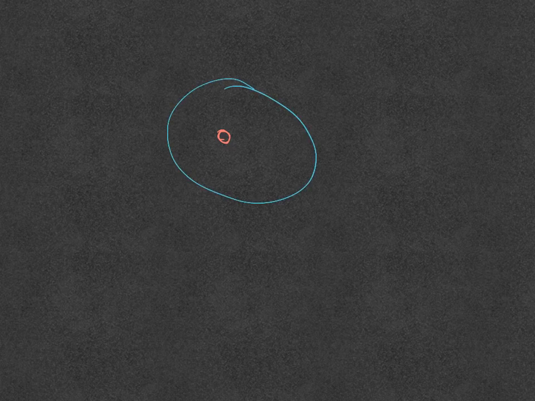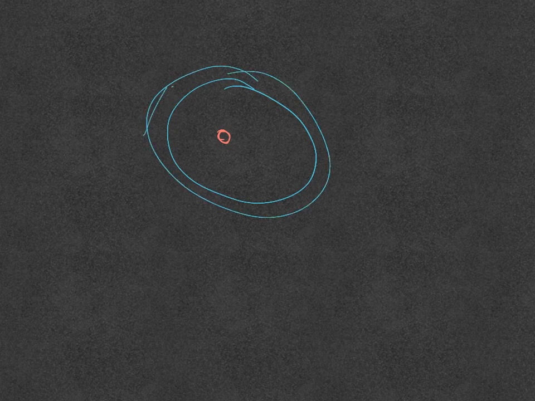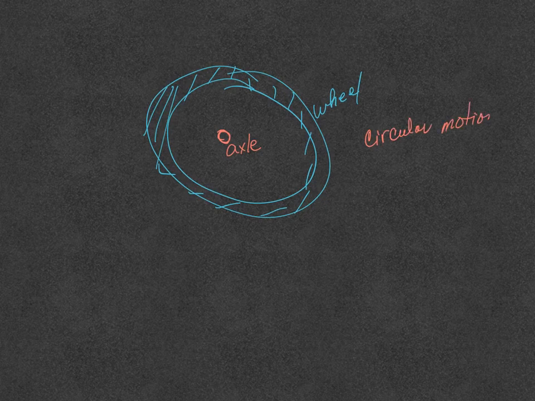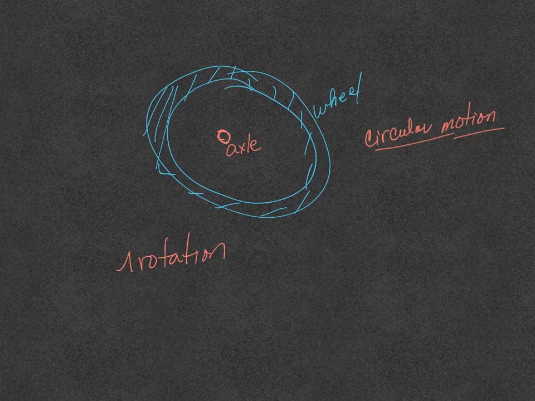Let me use another color. This is the wheel. This is my axle. If we're talking about circular motion, have you heard "one rotation per second"?